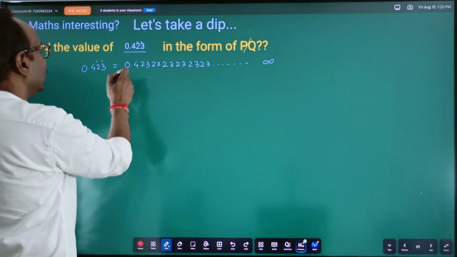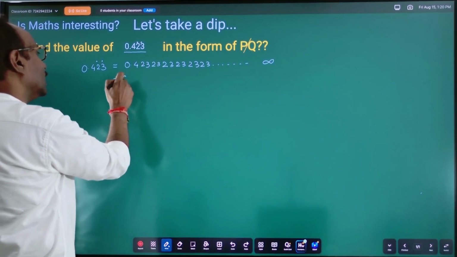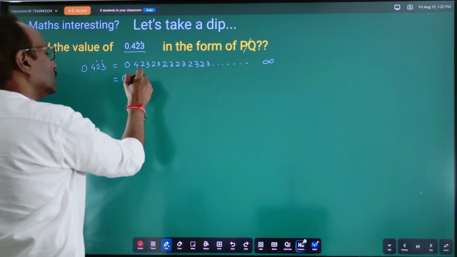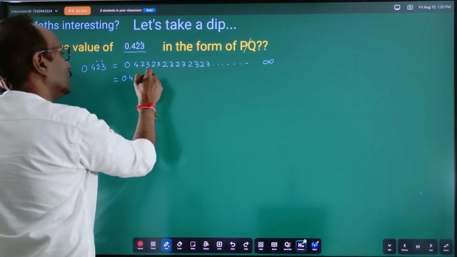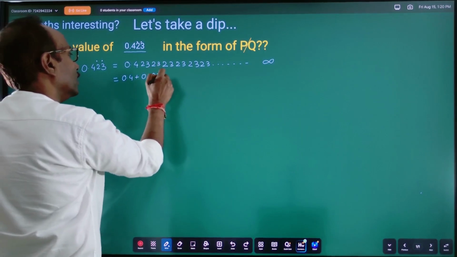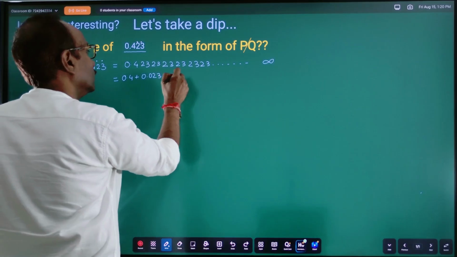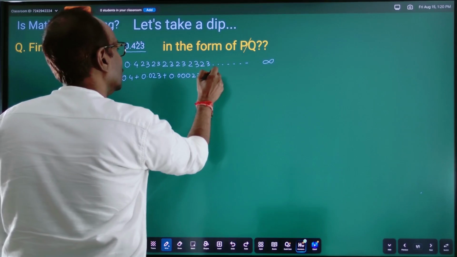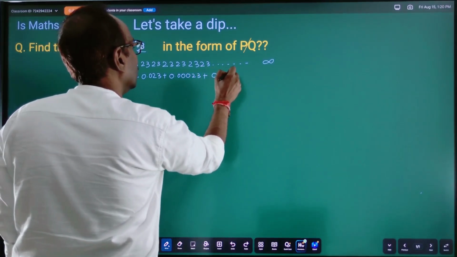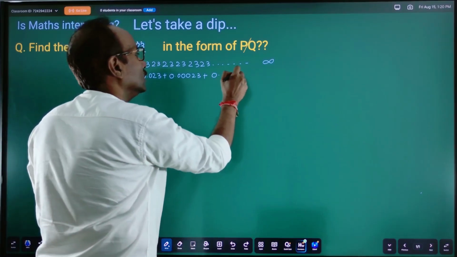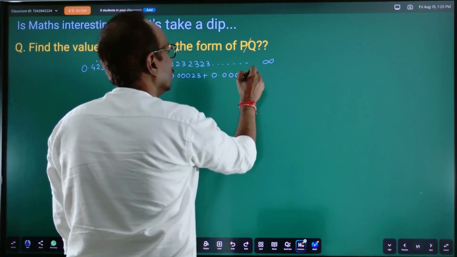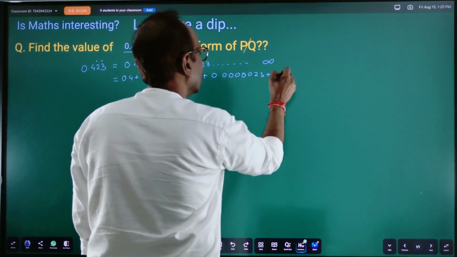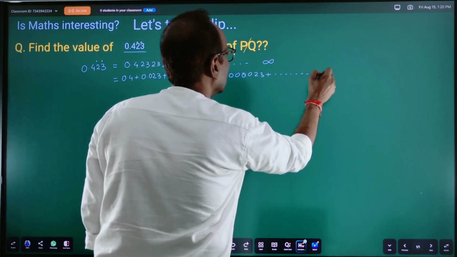We can further simplify this by writing 0.4 plus 0.023 plus 0.00023 plus 0.0000023 and so on till infinity.